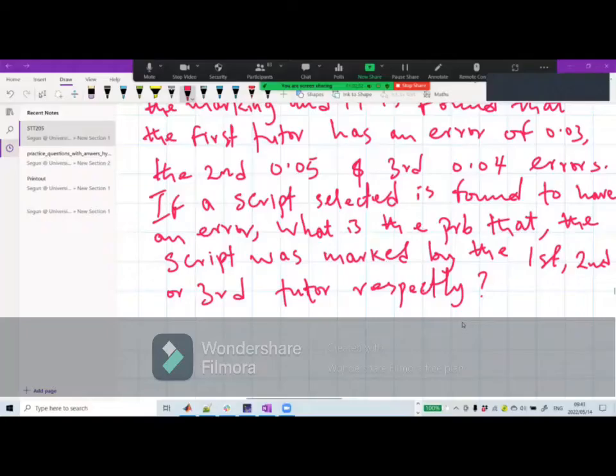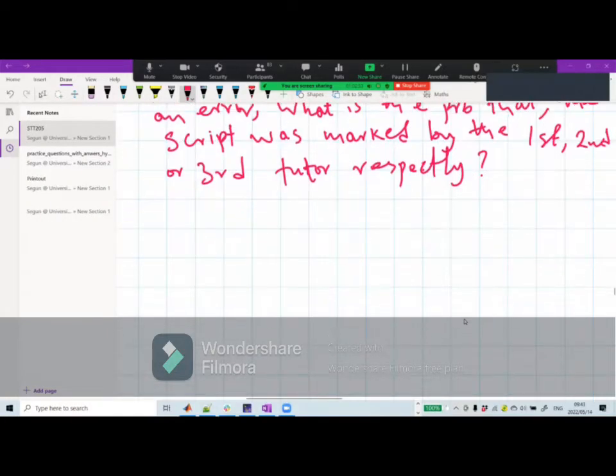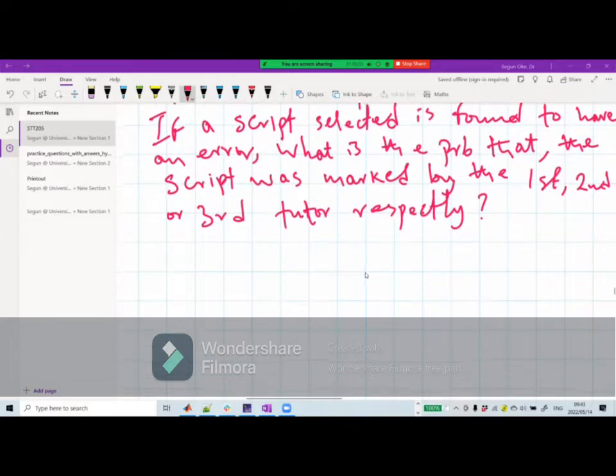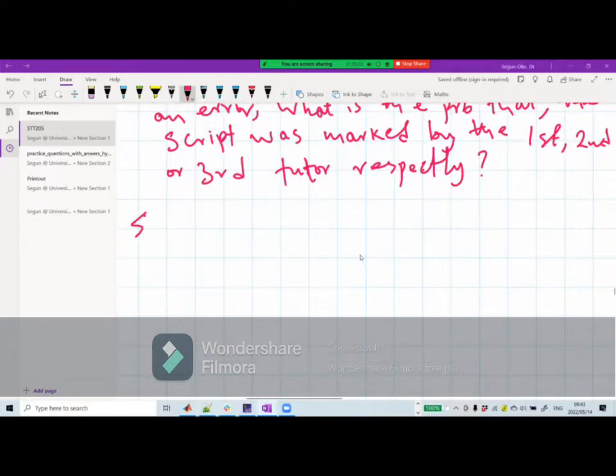Okay. Now, the first thing is, can somebody read the question from your side, please, so that we can solve it? I don't want to be going up and down, please. If your audio is clear enough, please read for us. 3 tutors are assigned to mark the assignments of hotel catering management students. The tutor B1 marks 45%.